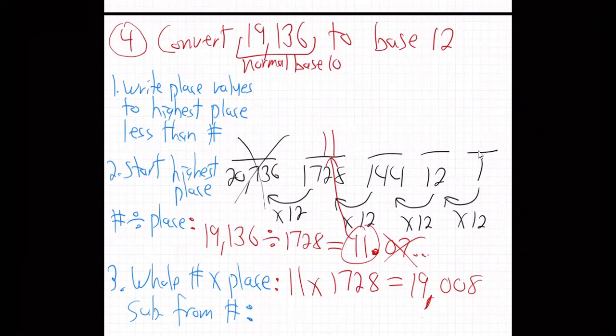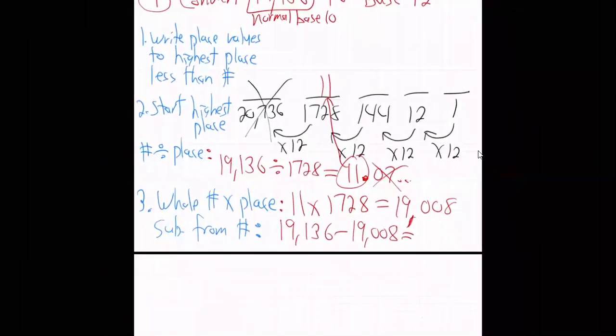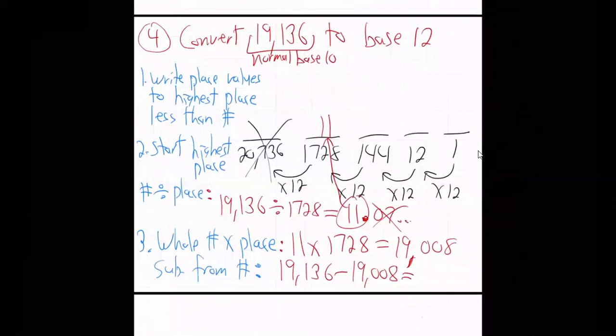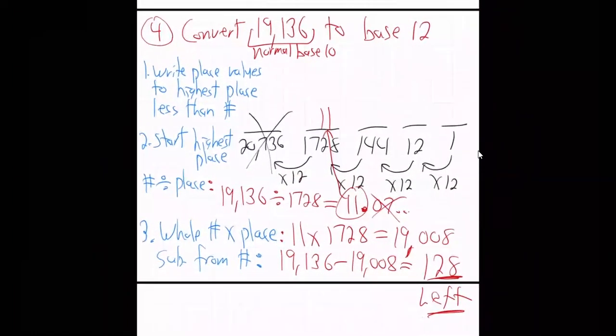So I'm going to take my original number, 19,136, subtract 19,008. You see this okay? What do we got there? I'm getting 128 left. 128 left to go. All right, let's go to the next spot.